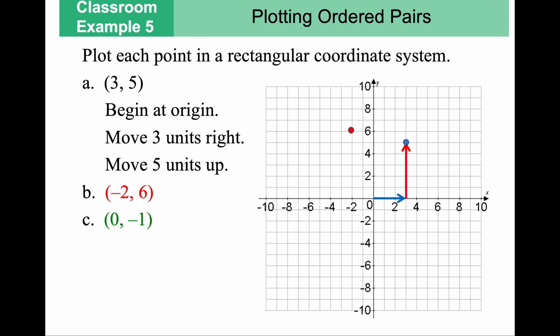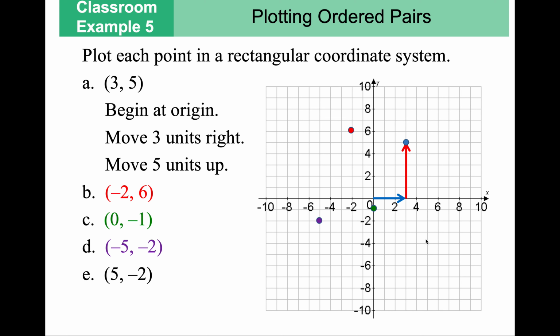If I want to go to (0, 1), I go back to the origin. I don't go right or left any, and I just go up 1, or down 1, sorry, it's a negative. (-5, -2), I go back to the origin, left 5, and I go down 2 to create my new point. So the key here is that you have to go back to the origin every single time.